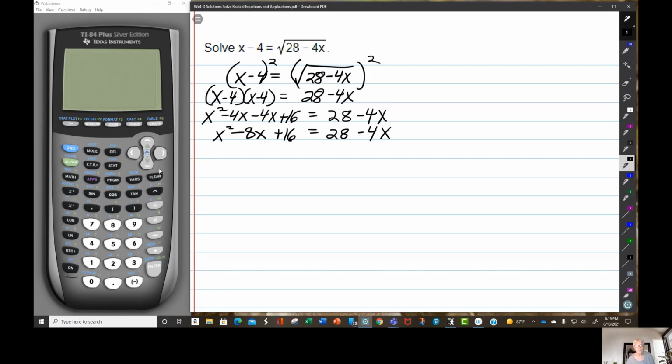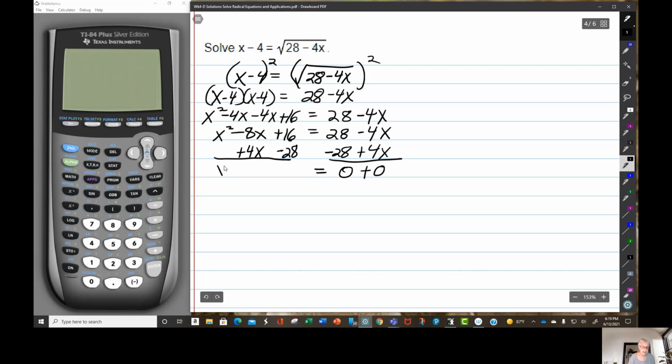All right, it's a quadratic equation. I have to use the zero principle. Minus 28, minus 28, plus 4x, plus 4x. On the right, that gives me 0.